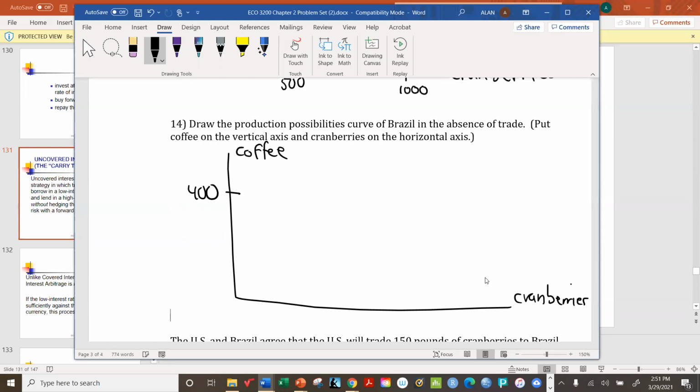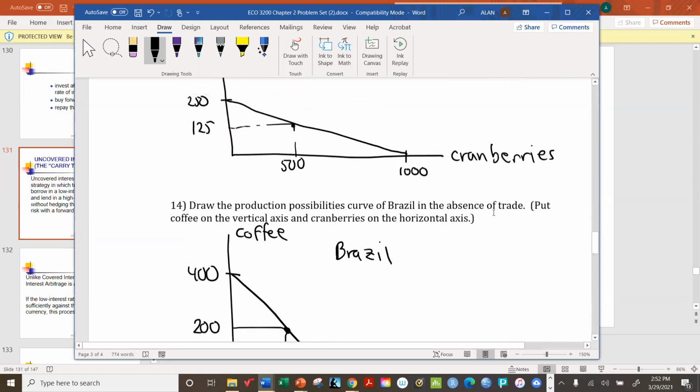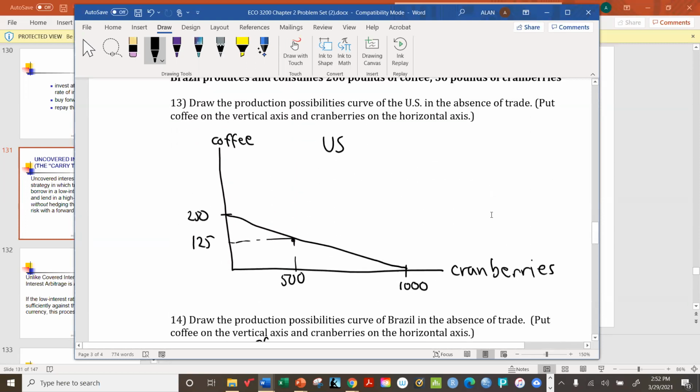So their production possibilities frontier will be quite steep. Really steeper than that. I didn't draw it particularly well, but let's just say this is what it looks like. And they choose to produce and consume 50 pounds of cranberries and 200 pounds of coffee. So they also like both products very well. All right. So they're producing at that point, but those are the choices that they have.